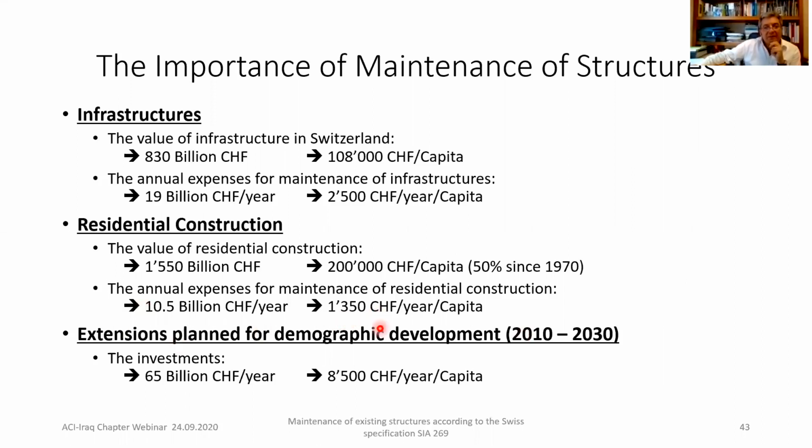The planned investment for infrastructure between 2010 and 2030 was 65 billion Swiss francs every year. That means 8,500 Swiss francs per person every year. So you can feel the importance of the investment in this sector.